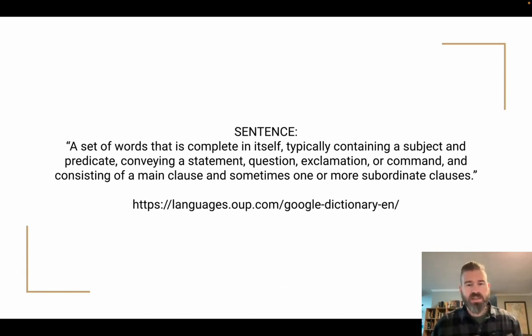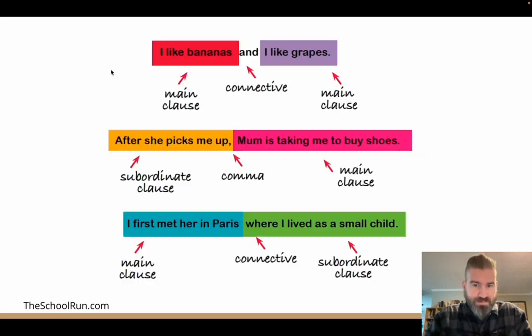Now, I'm not going to expect you to memorize this, although who knows, maybe I'll throw it onto the quiz. Could happen. So this is a good definition just to start with, right? It's from the Google Dictionary, the Oxford Languages Dictionary. Okay, so it's a single unit, a statement, question, exclamation, or command.